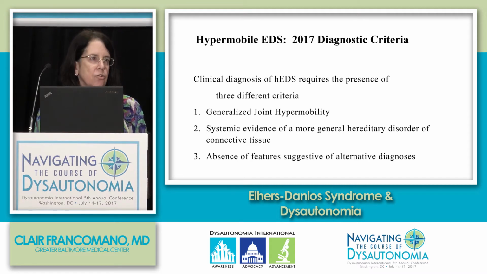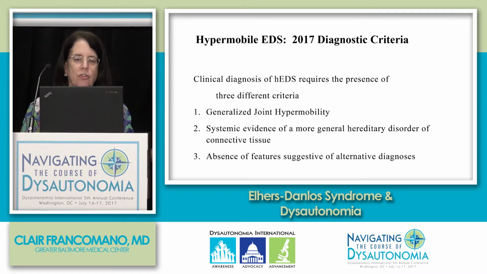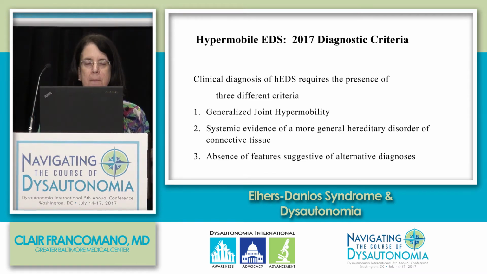So based on these 2017 diagnostic criteria, we need 3 different areas to be met in order to make the diagnosis of hypermobile Ehlers-Danlos syndrome. And they include generalized joint hypermobility, systemic evidence of a more general hereditary disorder of connective tissue, and the absence of features that suggest other diagnoses.